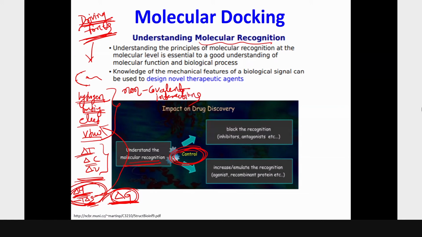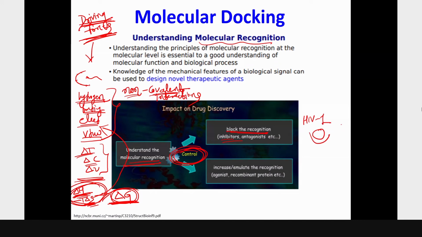So it is not the actual perfectly bonded thing, but the non-covalent kind of energies. If you know that, you can block the recognition. If you can control this, you can block it, like in the example of the HIV protease molecule, I have told you that there are these enzymes to which some inhibitor molecules can bind so that the virus won't remain infectious.